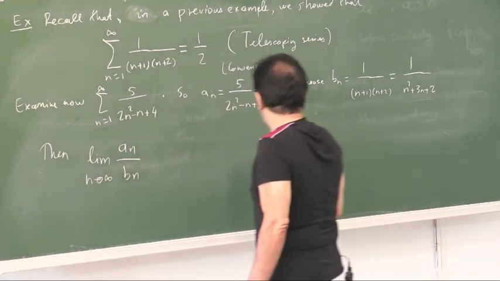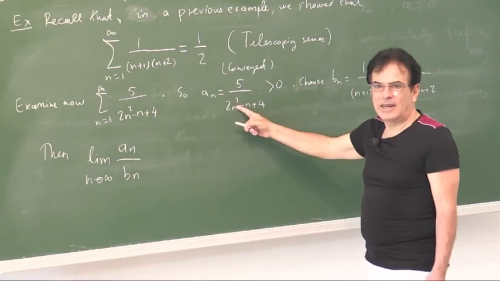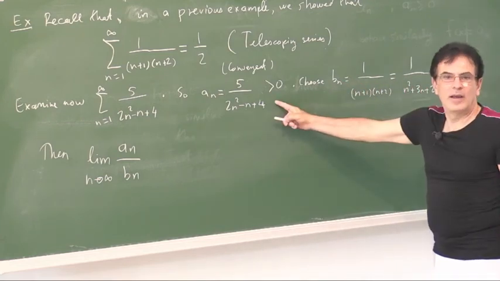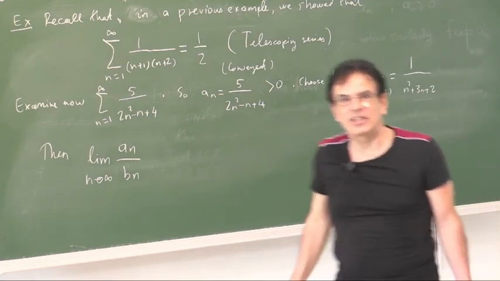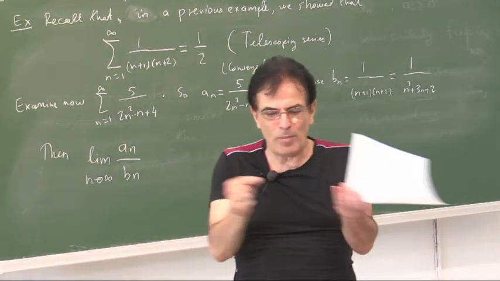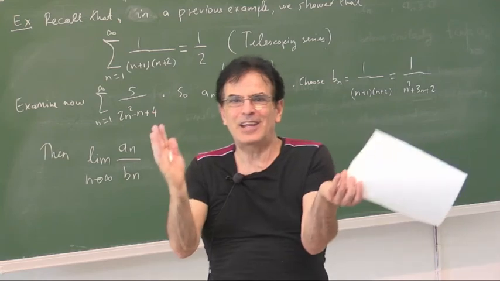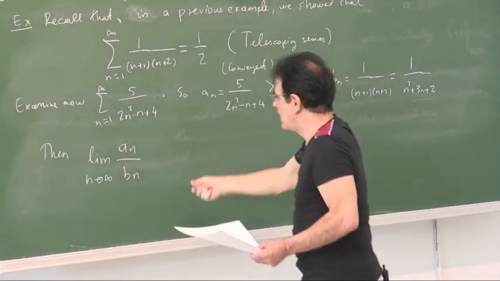Please be careful. Both an and bn are rational functions in n where the denominator is of degree 2, so it is not difficult to find this limit of the ratio.